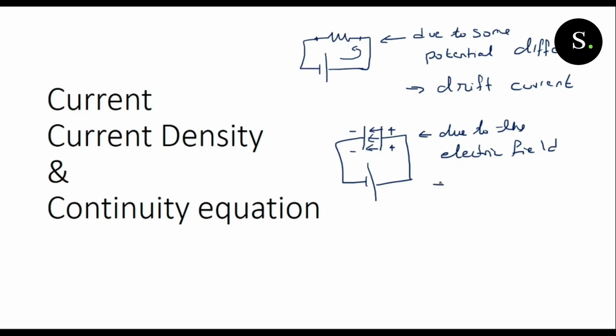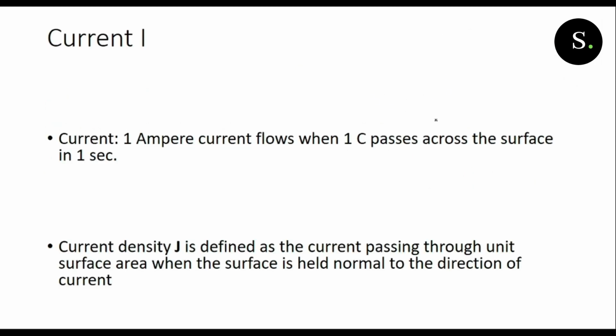We refer to this as displacement current. So we have two different types of current: due to potential difference, which we refer to as drift current, and due to the electric field that exists, which is displacement current.